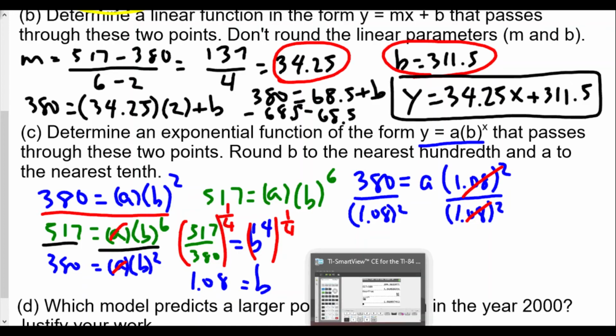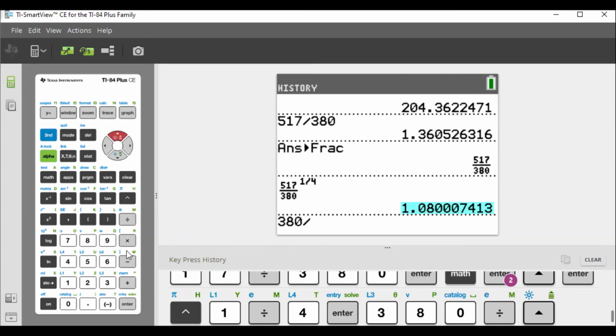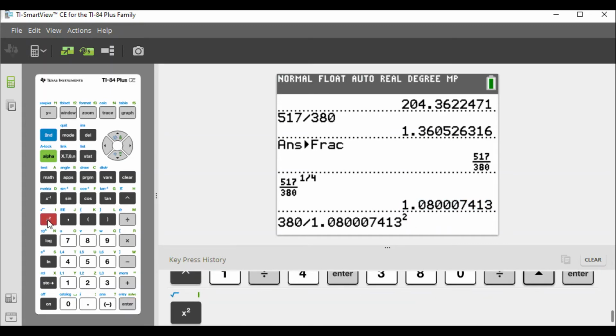On our calculator, we're going to take the number 380 and divide that by the 1.08 number, squared. We're okay with this because the order of operations will make sure we take the exponent first and then divide.